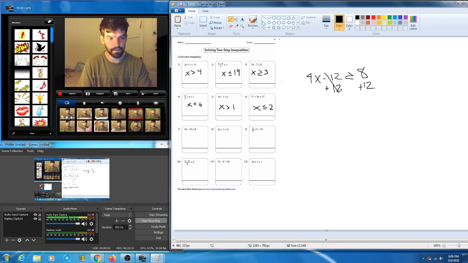Okay, and again, this cancels out and it gives you that additive property identity of 0. Whenever we add 0 to anything, it doesn't change its value. So now we have 4x is greater than or equal to 20. And now we just divide both sides by 4. And we'll get that x is greater than or equal to 5.